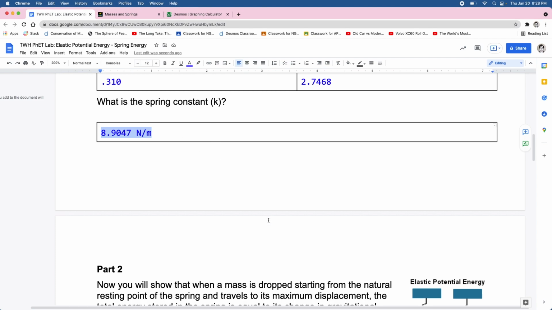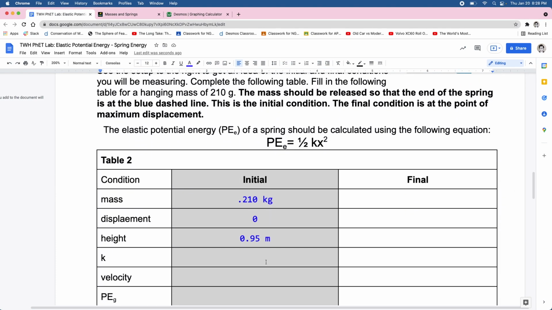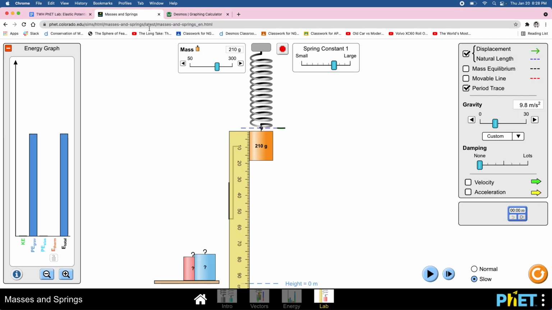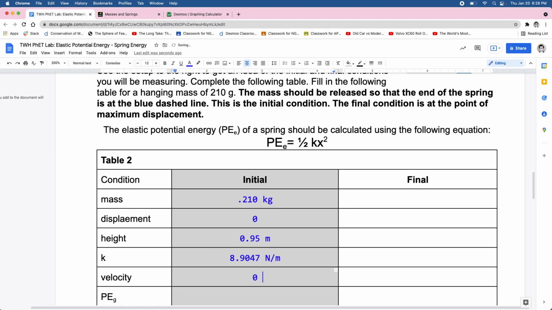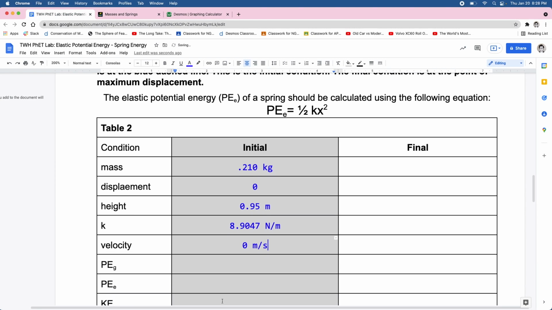The spring constant K, there's no easier way to do that, is that. And my velocity at the top is 0. So when I start off, I know that I let the spring run, but when I start off, this is where my initial point is. My velocity is 0. So I'm going to go back and write 0 meters per second.